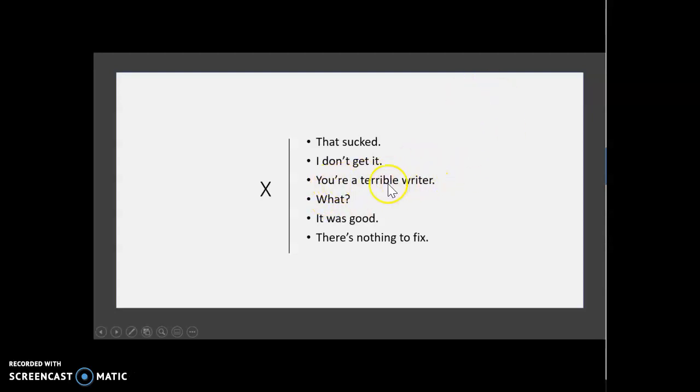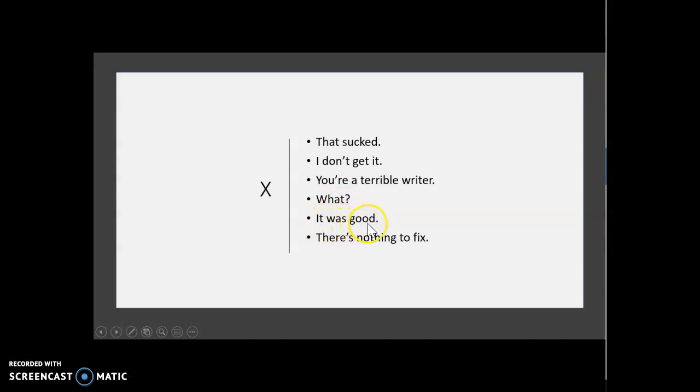Again, we don't want to ever disparage someone. None of us are professional writers, and even professional writers did a lot of bad writing to get there, so we certainly don't need to point out whether someone is good or bad at what they're doing. Again, what? That's not specific. That's not helpful. That's just someone trying to write something to move forward.